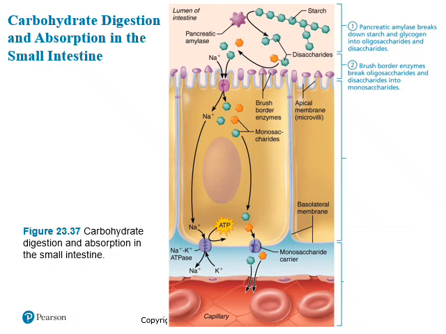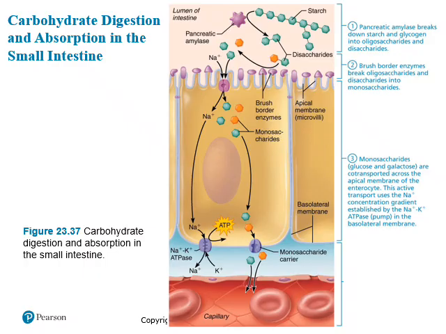Brush border enzymes, dextrinase, lactase, glucoamylase, maltase, and sucrase would further break these into lactose, maltose, sucrose, and then into monosaccharides, glucose, fructose, and galactose. I mentioned that already in a previous slide.